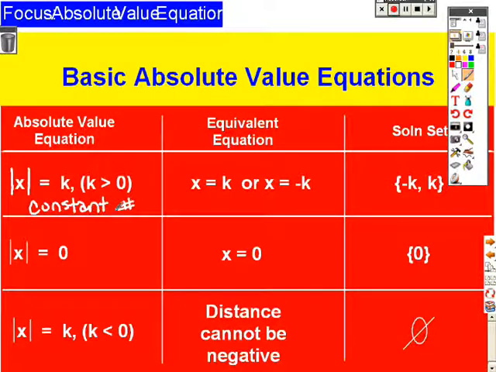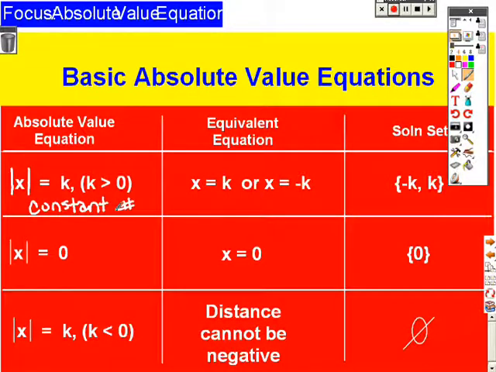It could be absolute value equals 4, absolute value equals 5, anything that's a positive number. That's what the second parenthesis says. K must be greater than 0. Absolute value simply means that it's going to be the positive spin of that number.